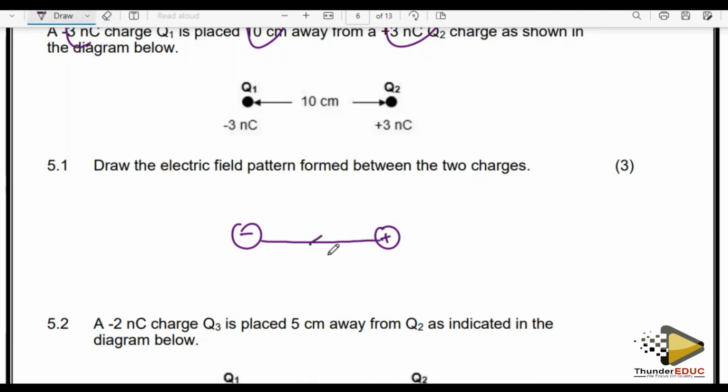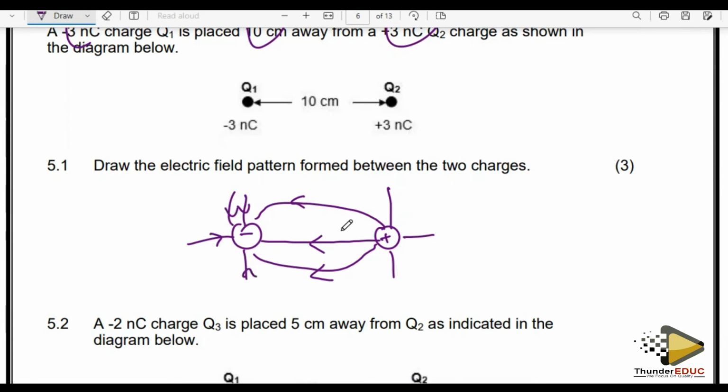You can do whatever you want, as long as you see the two lines leading from the positive and from the negative.